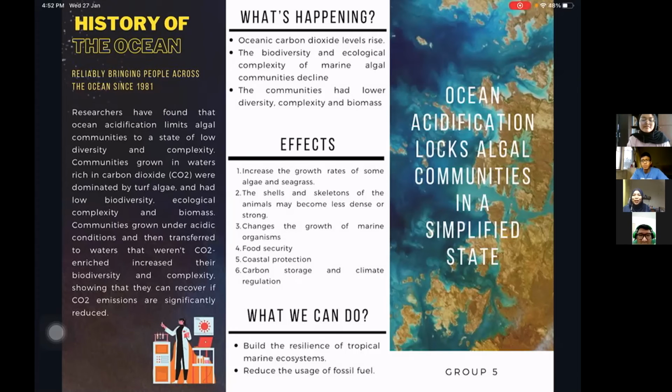Right. Thank you everyone for your explanation by each part. We hope that by our explanation, you will know further what kind of biodiversity problem we are facing right now, because most of the topic is actually taken from research from Tsukuba University in Japan, on how their scientists calculated how high the level of CO2 in the sea is, and what kind of effect it had on the algal communities.